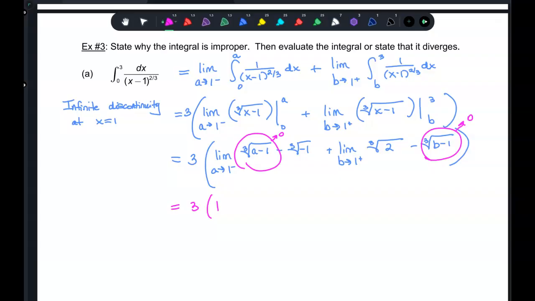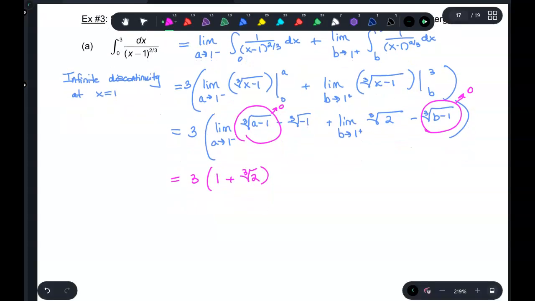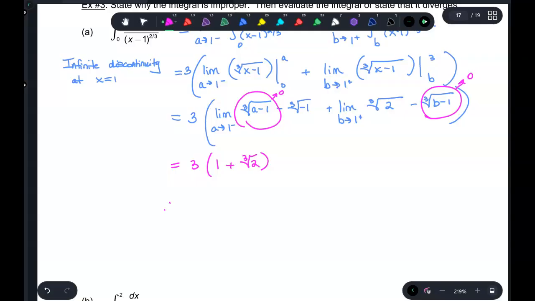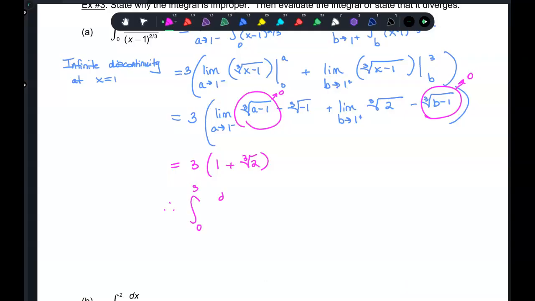And then plus cube root of 2. And honestly, we can just leave it like that. So therefore, this special integral here converges to 3 times 1 plus cube root of 2.